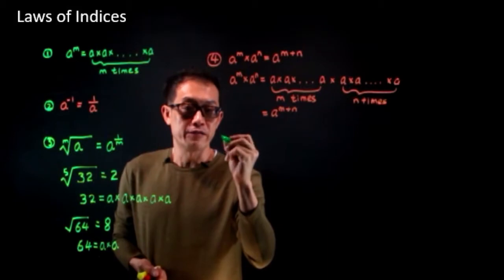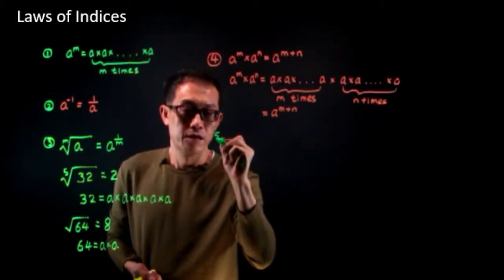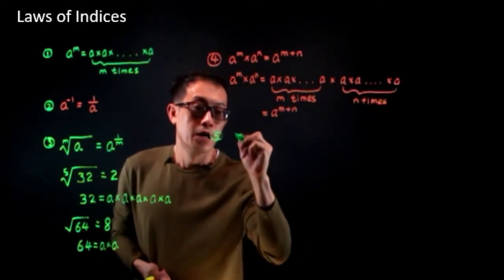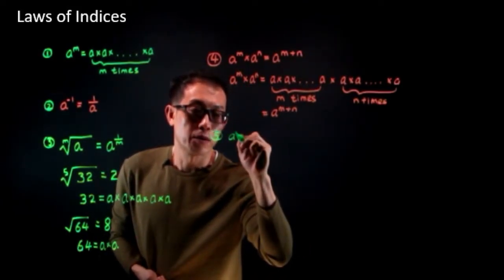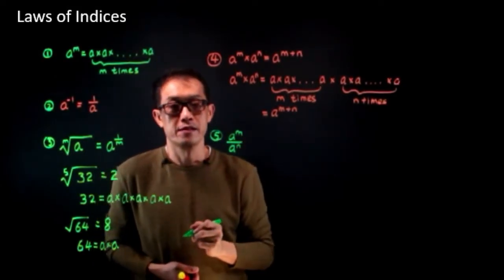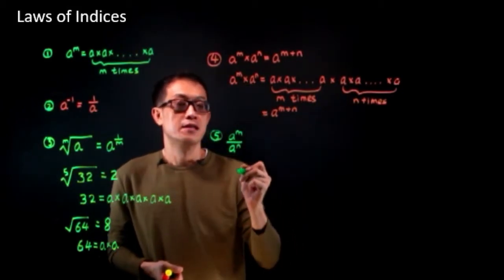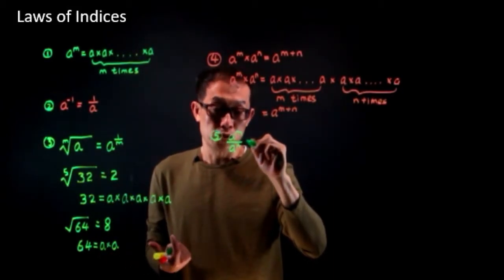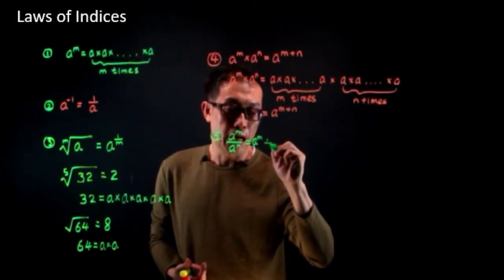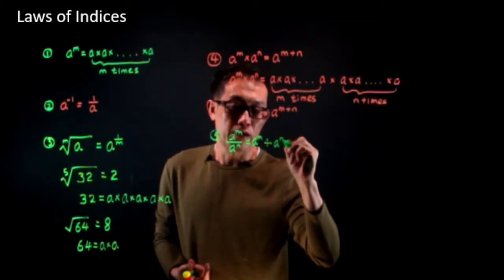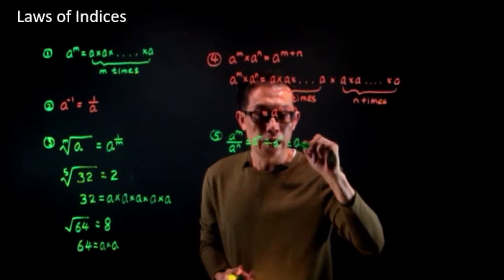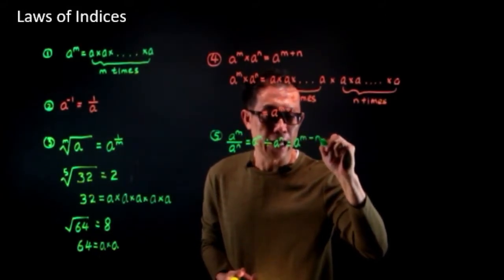Now, rule number 5. A to the power m over A to the power n. Now this one means what? This can also be written as A to the power m divided by A to the power of n. Now this is equal to A to the power m minus n.